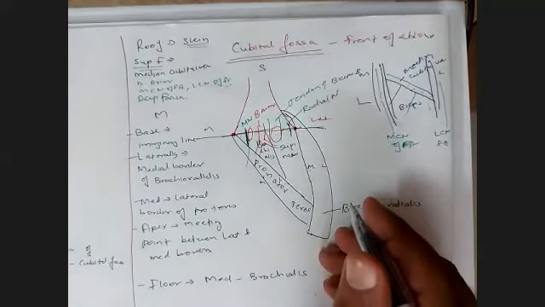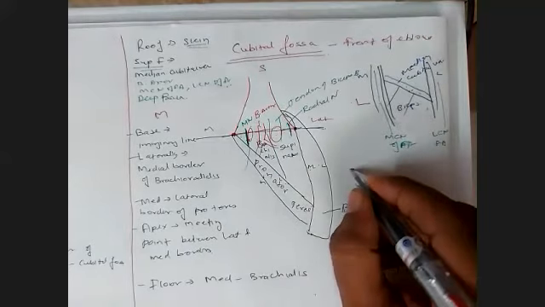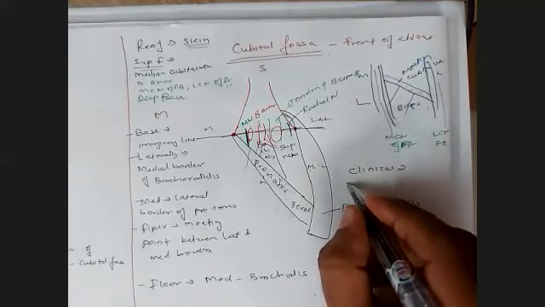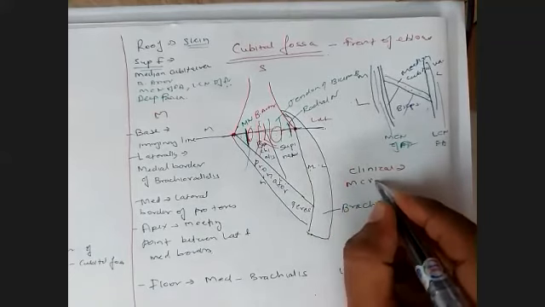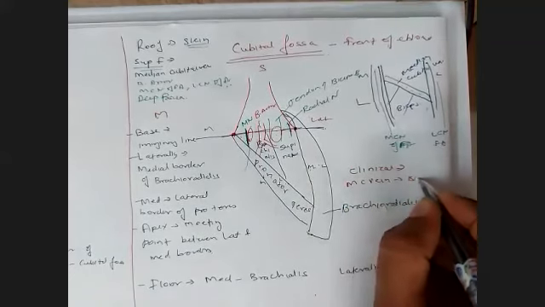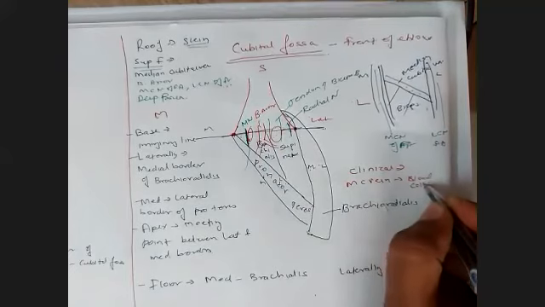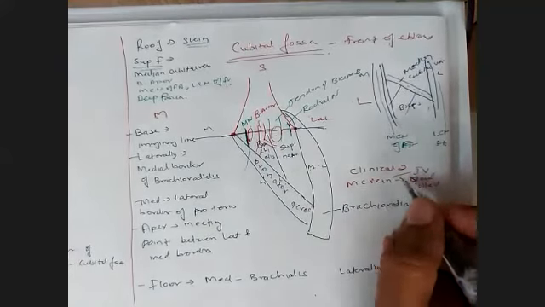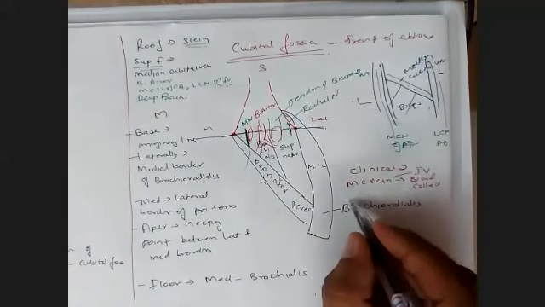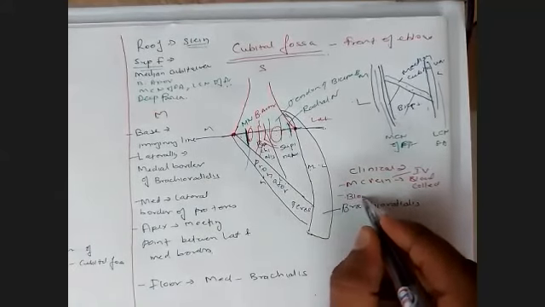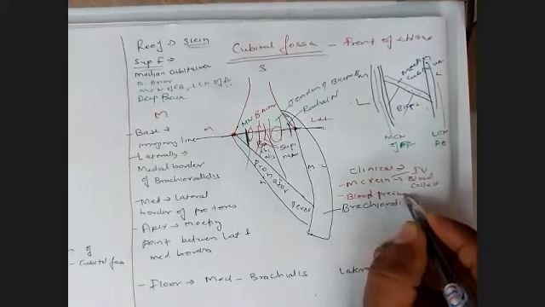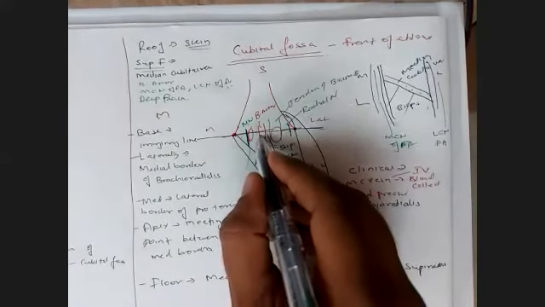What is the significance of this fossa? Clinical anatomy of this fossa: the median cubital vein is used for blood collection. It is used for giving IV to the patient. Blood pressure is measured in the cubital fossa from the brachial artery.